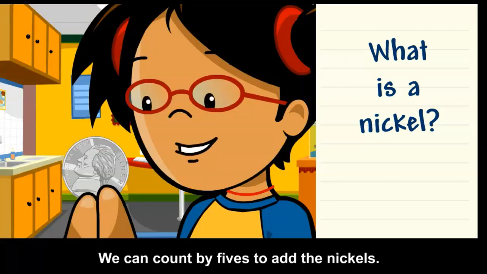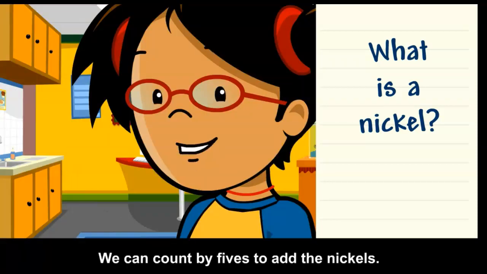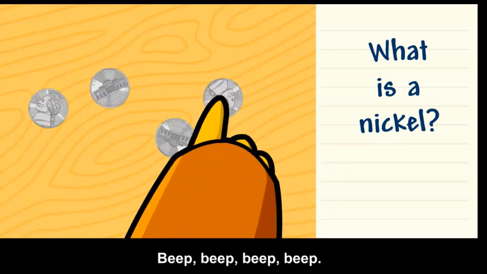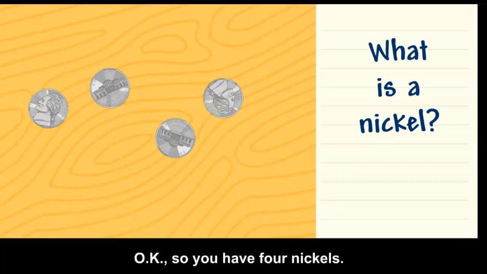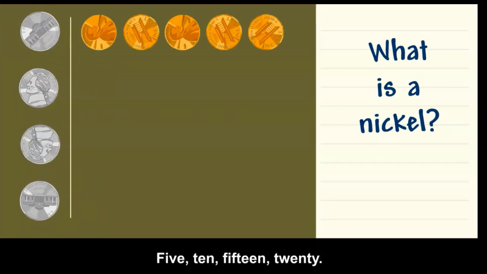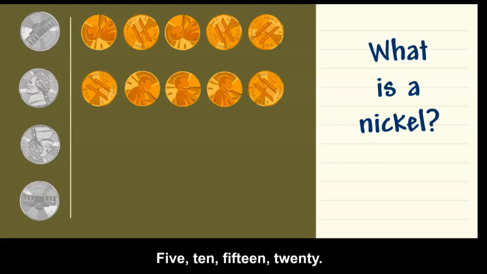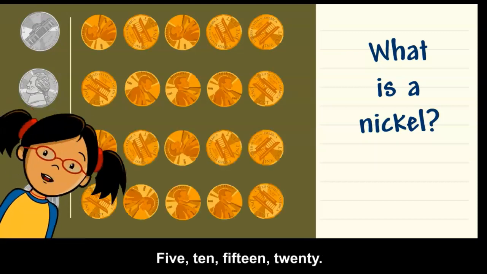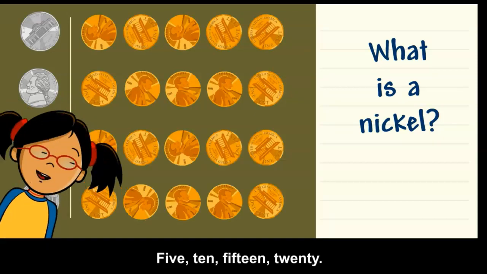We can count by fives to add the nickels. How many nickels do you have, Moby? Okay, so you have 4 nickels. Now we can count by fives. 5, 10, 15, 20. So we have 4 nickels, or 20 cents.